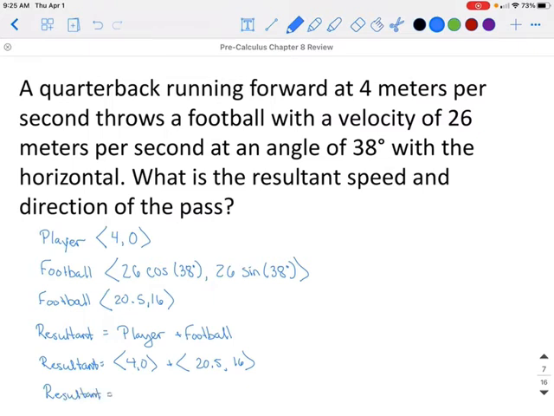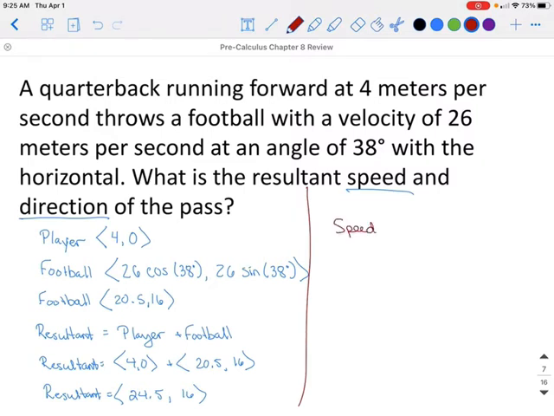So our resultant vector, if we do 4 plus the 20.5, it's going to give us 24.5, and 0 plus 16 will give us 16. But now we need to find the resultant speed and the direction.